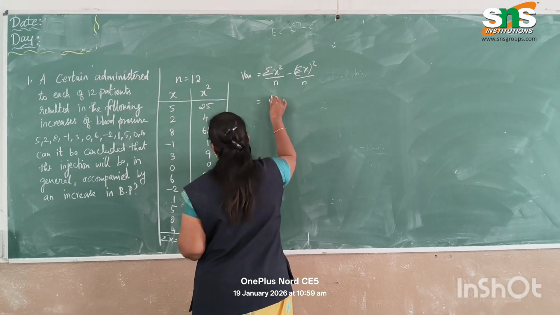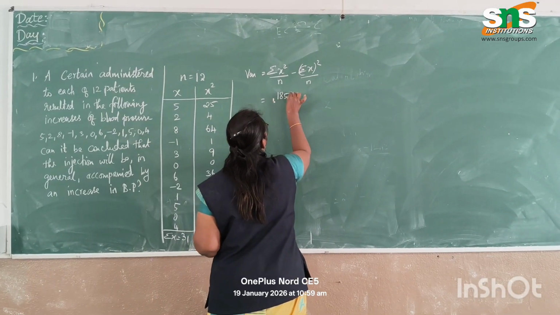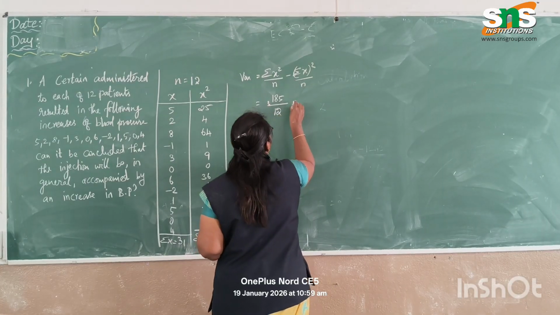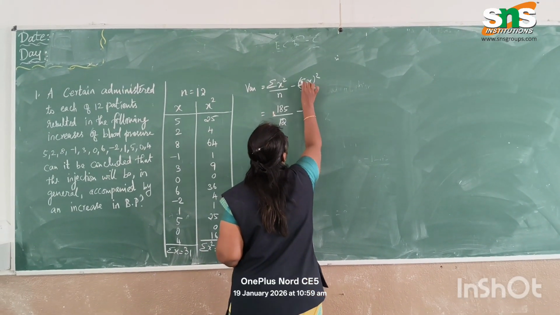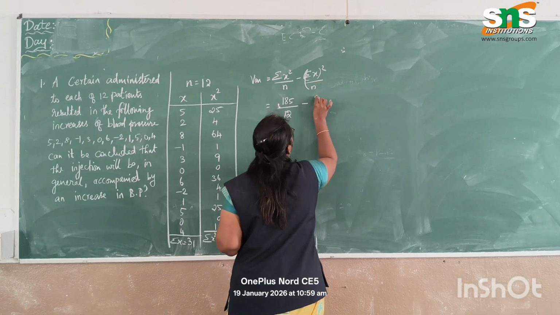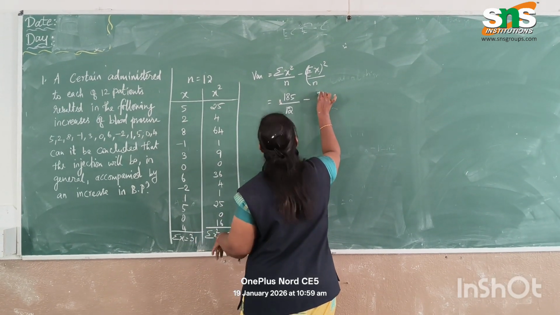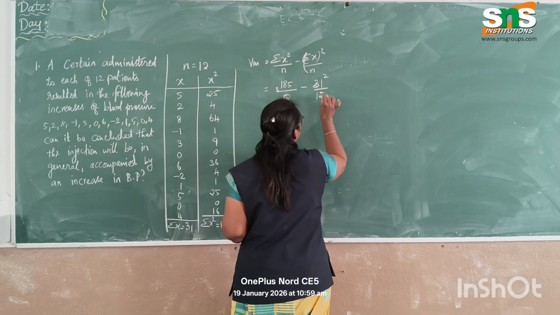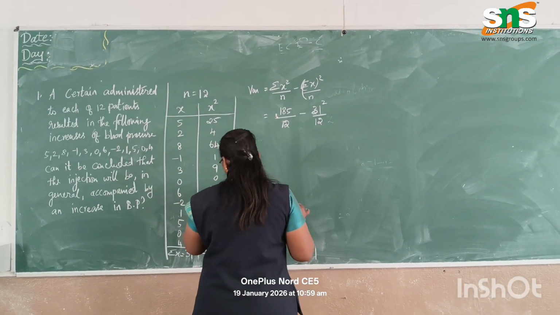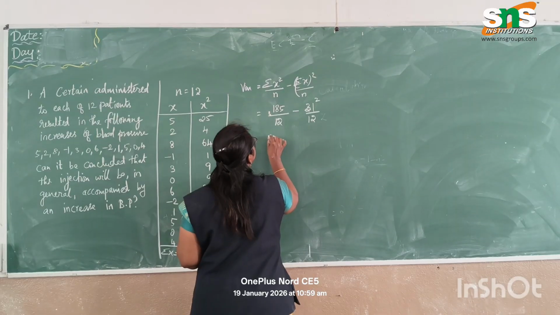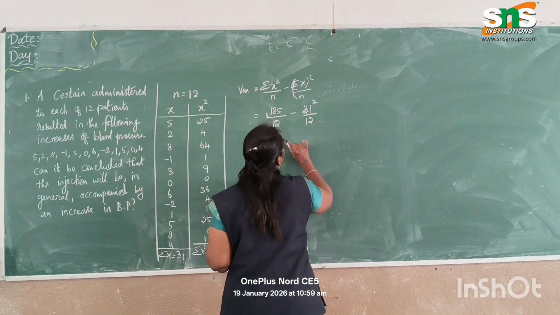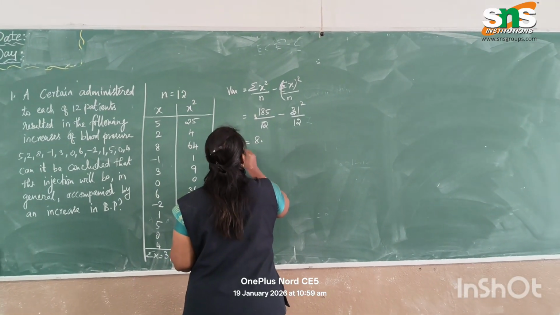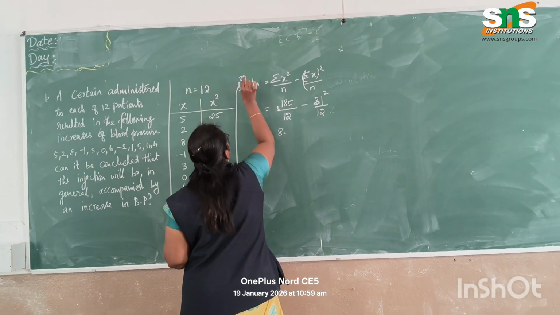So summation x squared is 185 divided by n, where n is 12, minus 31 square divided by n, which is 12. Concluding these values, our x bar is 2.58, and this we write as s square.